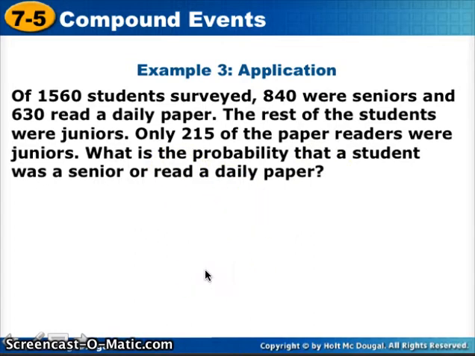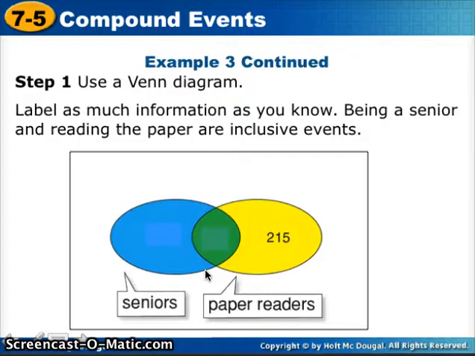I think we should do a Venn diagram to show the numbers that we have here. So let's label what we know in the Venn diagram. We know that 215 of them were juniors. We know we had a total of 1,560, the seniors are 840, and the paper reader total was 630.